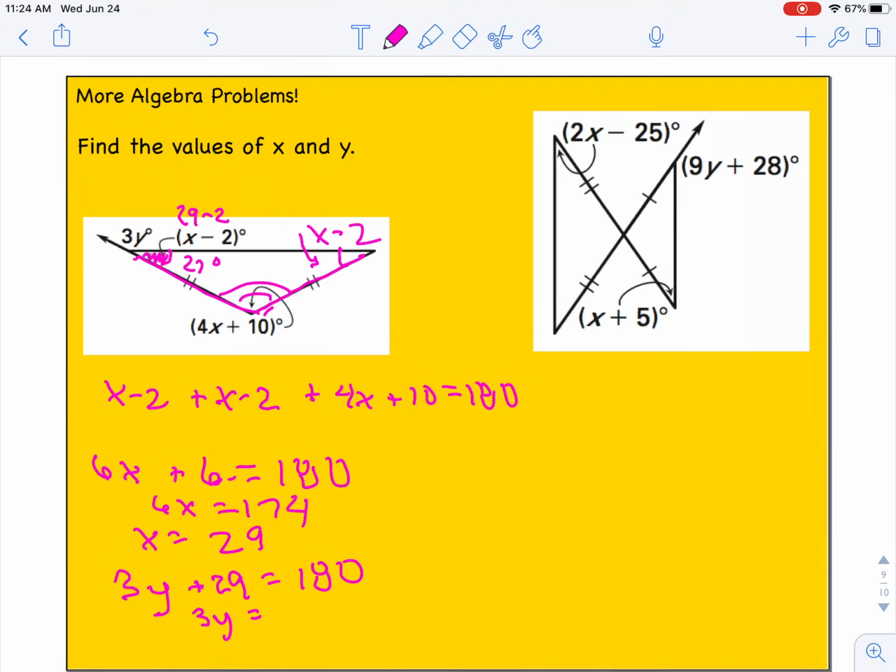That gives me 3y equals 151, and then divide by 3, and y equals 50 1/3.